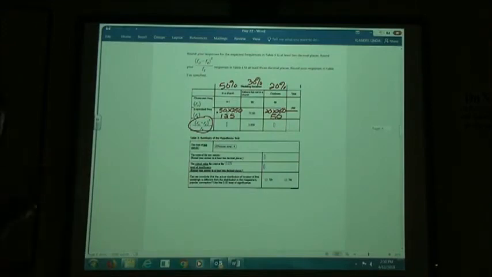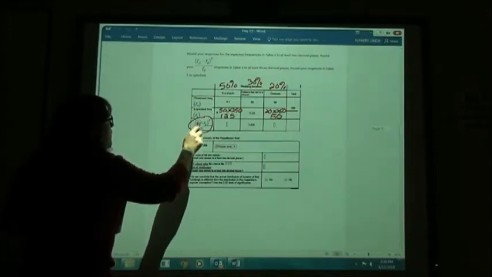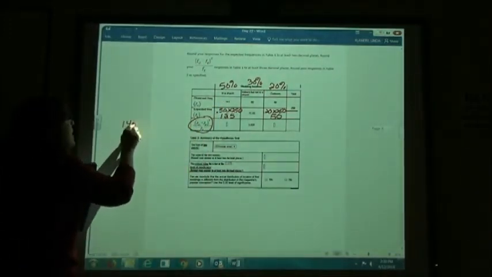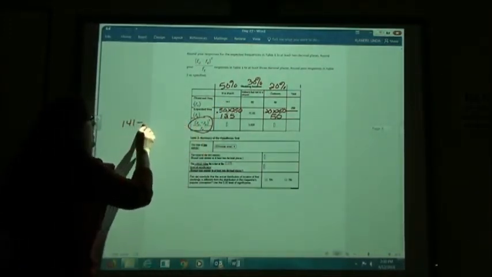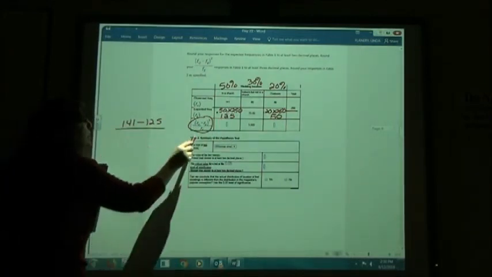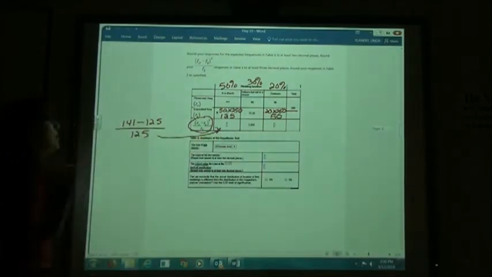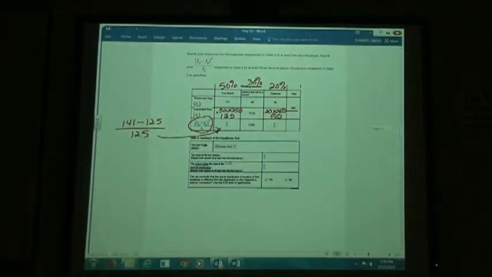They did one of the boxes trying to make it a little shorter. So, observed frequency 141 minus the expected frequency 125 divided by the expected frequency 125. That's my calculation for that box there.